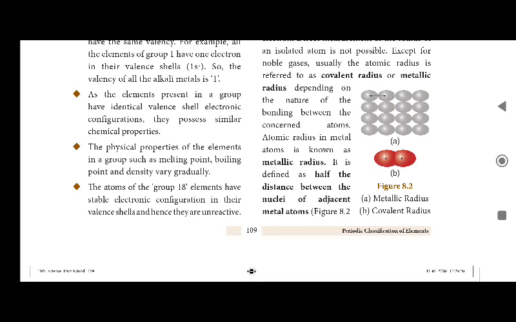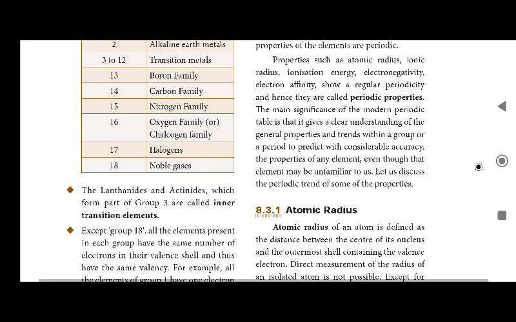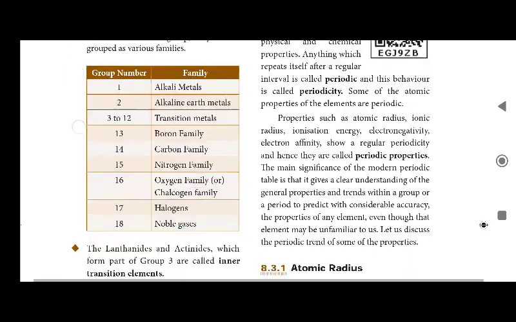What is stable? 8 electrons in their valence shell. Then an atom is stable. So which group has that stability? 18. They are called inert gas elements. Since they are stable, they are unreactive.